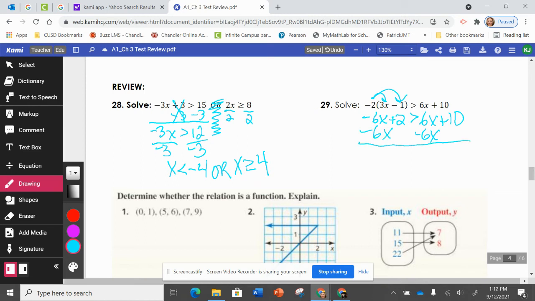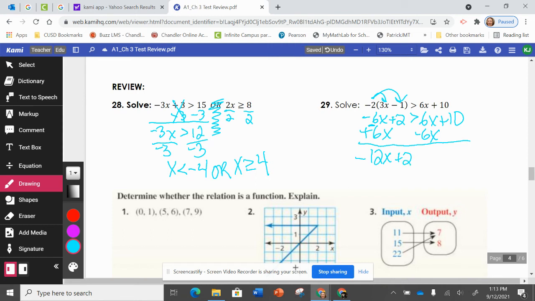Remember, when we're combining like terms, we always either add or subtract. Now, negative 6 minus 6 more is also like saying plus negative 6. So we owe 6 to another person, we owe a total of 12. So that's negative 12x plus 2.